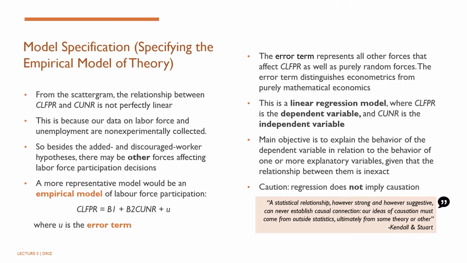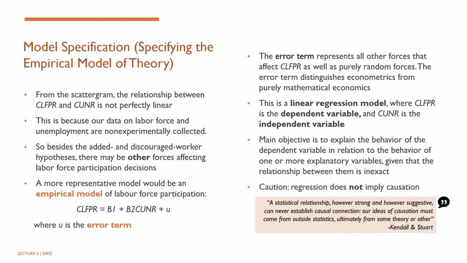If you look at the scatter diagram earlier, you can see that although the two variables are inversely related, the relationship between them is not perfect, or not exactly linear, because not all of the data points lie exactly on that straight line. Why don't the 28 data points lie exactly on the straight line as specified by the mathematical model?